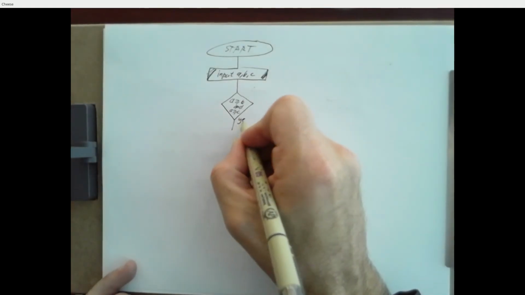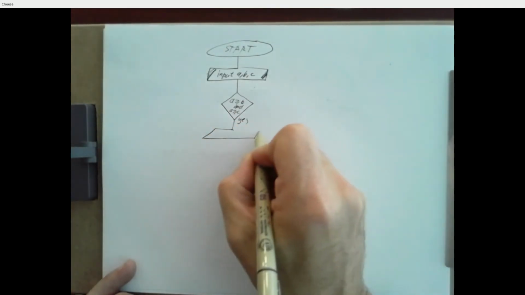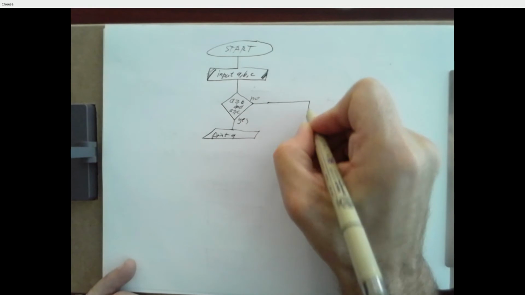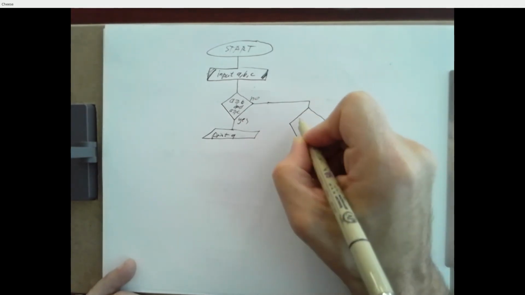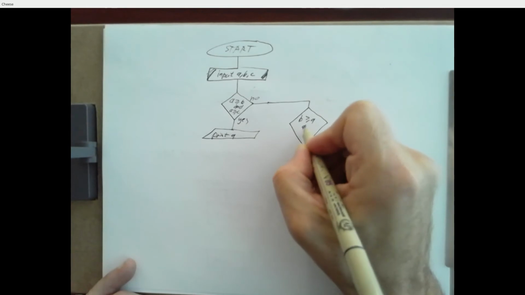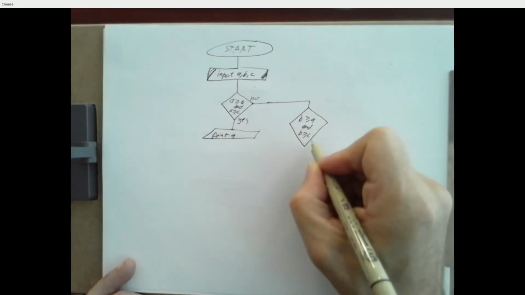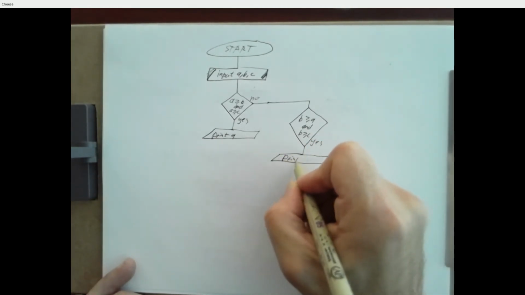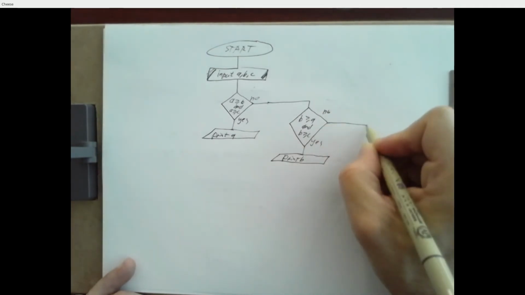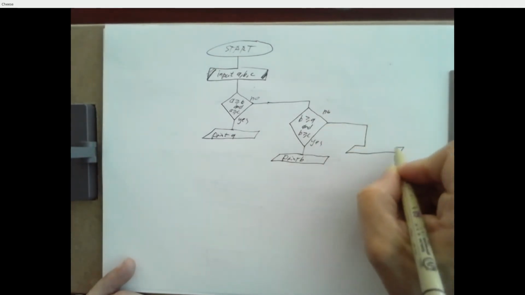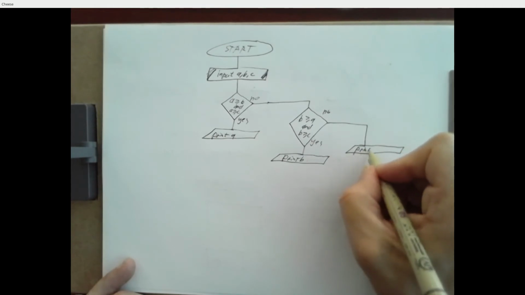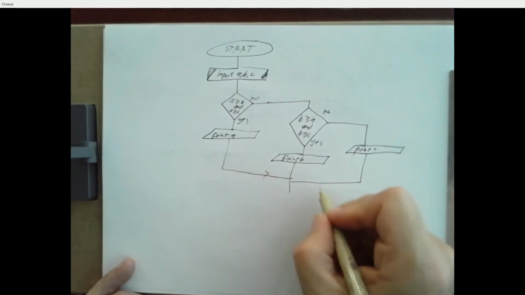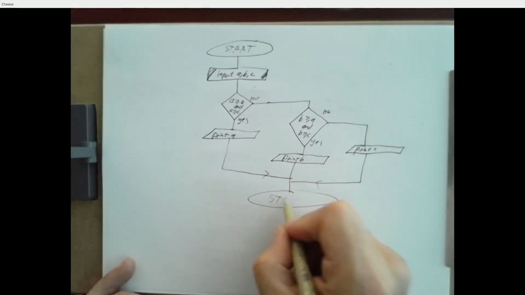And if it is, then I'm just going to print A. And if it's not, I'm going to say is B bigger than or equal to A and B bigger than or equal to C. And if it is, I'll print B. And if it's not, then the only possible conclusion is C is our biggest number. So print C. And stop. We're done.